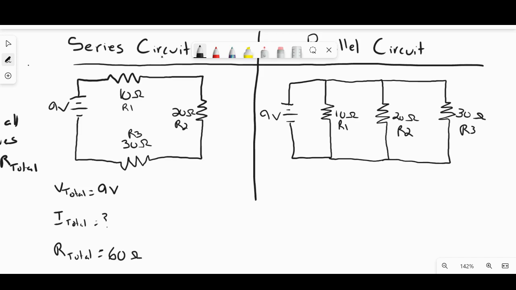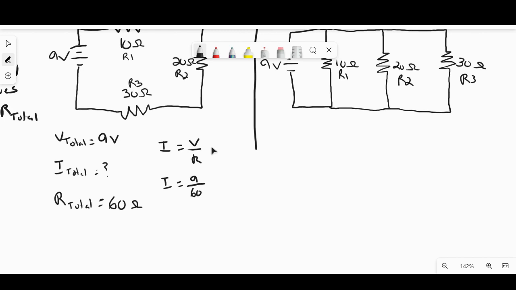All right. So based on Ohm's law, to find current, total current is equal to voltage divided by resistance. So let's do a little math here. The current we're trying to find is equal to 9 volts divided by 60 ohms. I'm going to get my calculator out really quick.